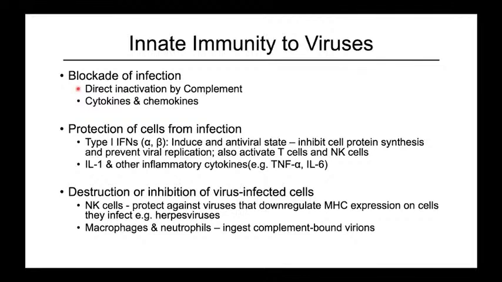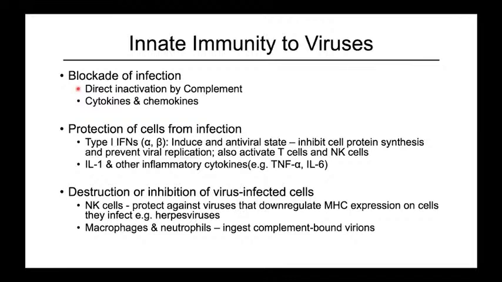Natural killer cells are very important in this aspect, and they're able to recognize virally infected cells when these cells downregulate expression of MHC. So downregulation of MHC and specifically MHC1 expression is one of the viral evasion strategies, or rather immune evasion strategies by viruses.